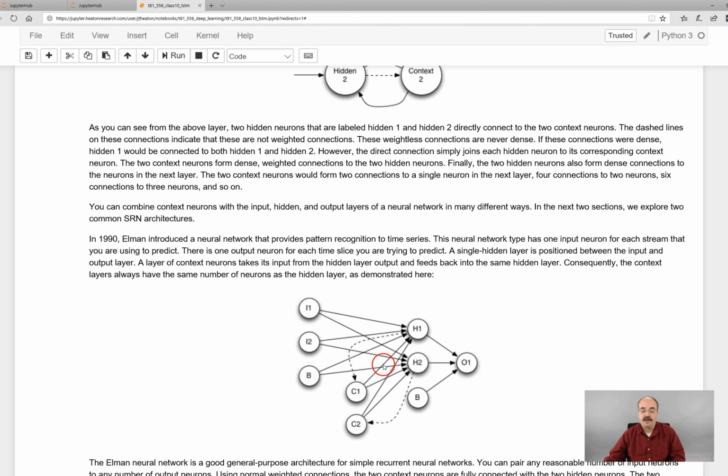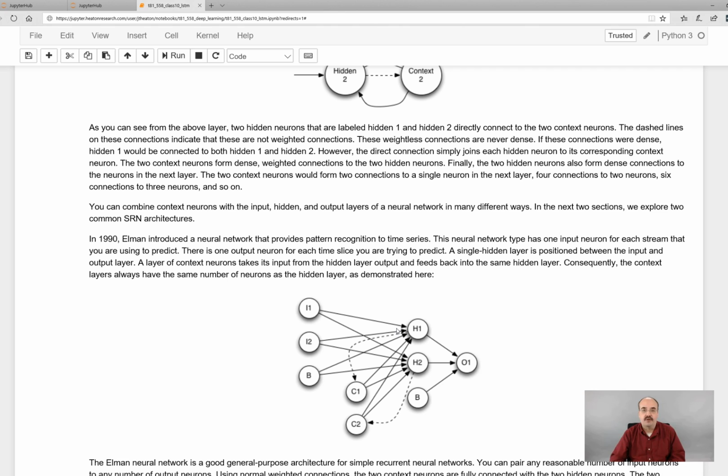That allows learning to occur because these are weighted, and they simply flow on to hidden 1 and hidden 2. And just like before, sort of the butterfly effect, each output is remembered and feeds back into the context neurons and then gets remembered again as it echoes back into it. So that allows the Elman neural network to learn things over relatively short time encodings.